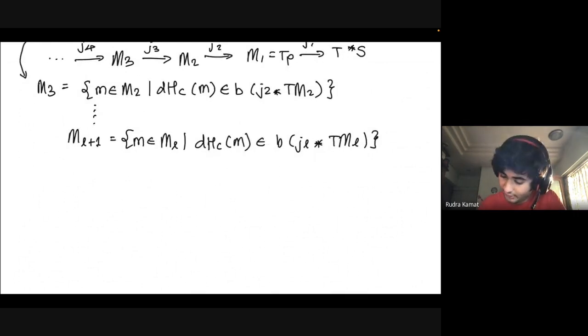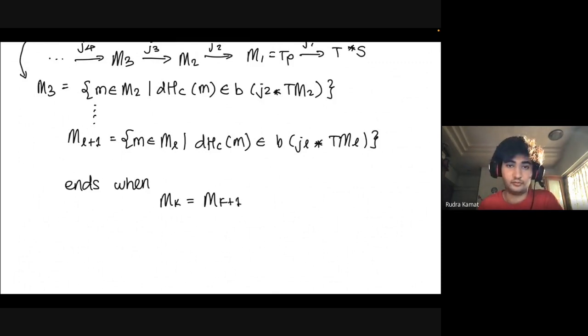And this process ends when Mk equals Mk plus 1, which means you can't restrict or reduce it even more, where all of the solution is tangent to Mk for some k.